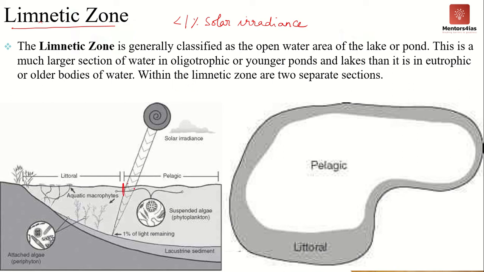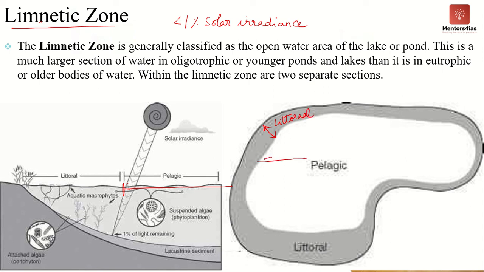So the limnetic zone starts from the outer edge of the littoral zone, where the amount of sunlight received along the bottom, that is the bed of the lake, is less than 1% of the amount of sunlight received along the surface. So this is known as the pelagic zone.